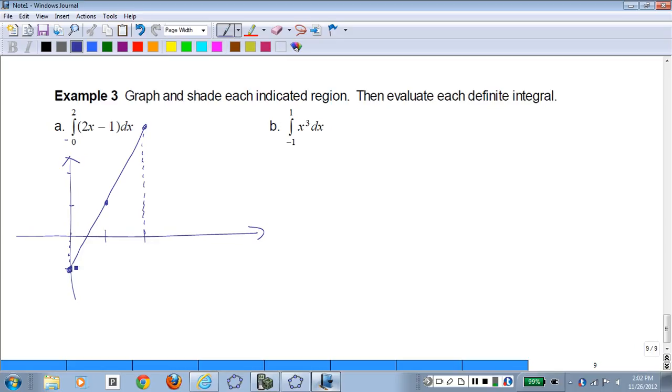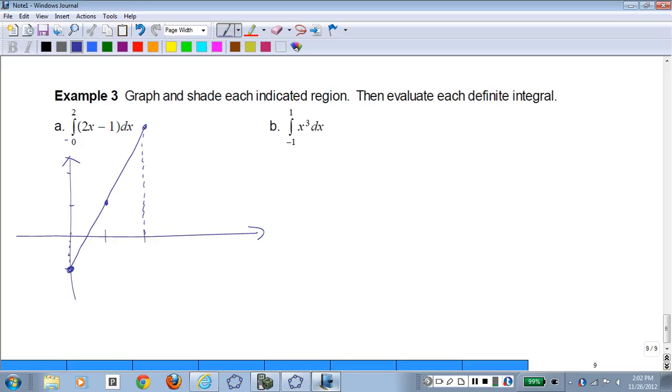Now the way the definite integral is defined, it respects whether a function has a positive value or a negative value. If we're thinking of it in terms of area bounded by a curve and the x-axis, if the graph is above the x-axis, that area counts as positive.